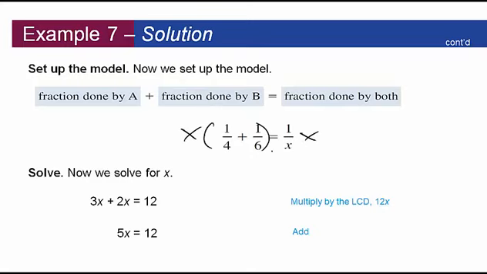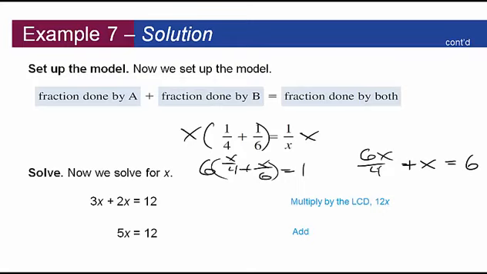Multiply both things by x, and then you get x over 4 plus x over 6 equals 1. All right, now I notice that 6 is, so let's multiply everything through by 6. I get 6x over 4 plus x equals 6. All right, I'm still stuck with a 4, or you can say, hey, this reduces. This reduces to 3 over 2.